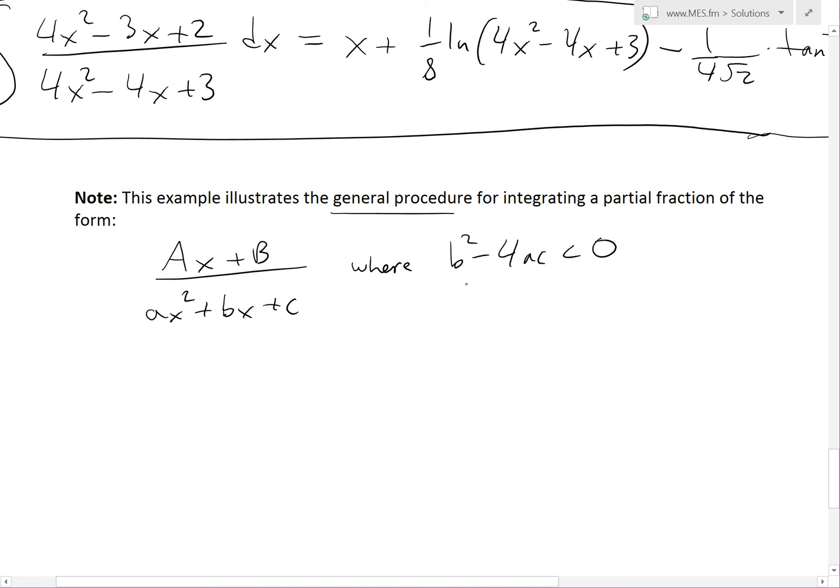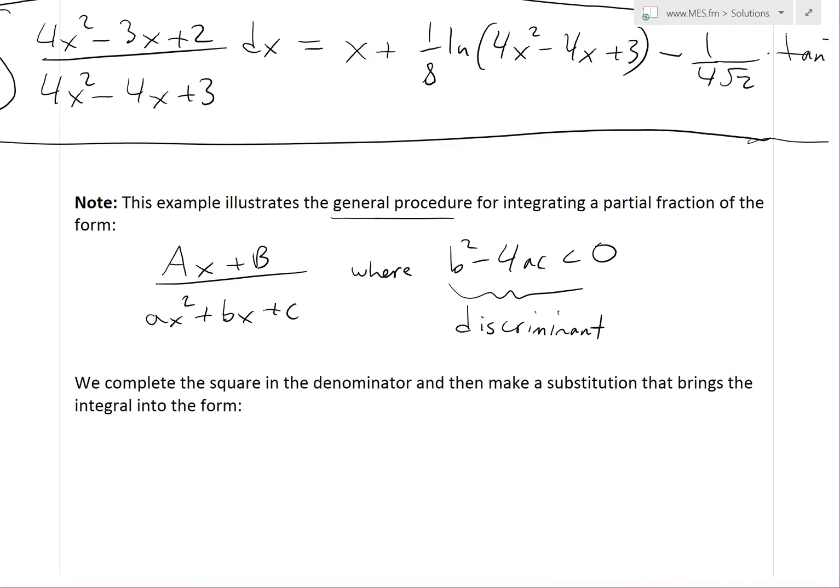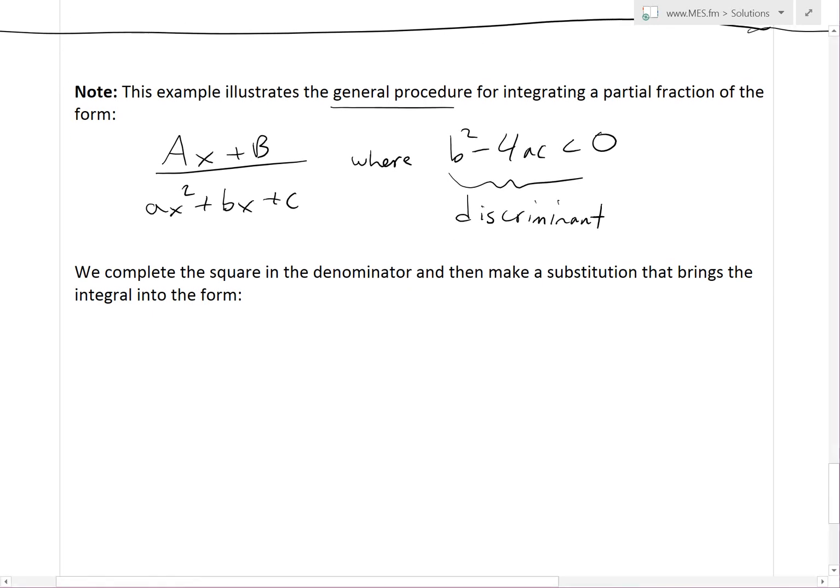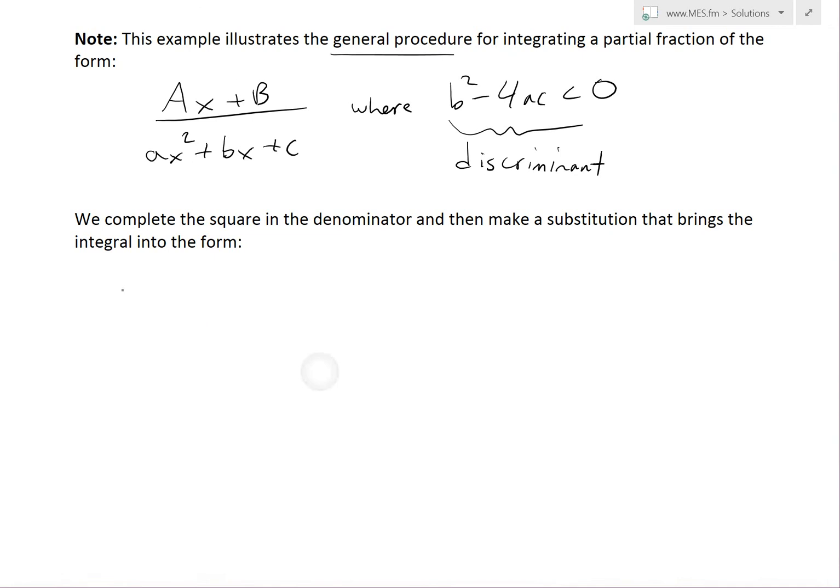So this is where the roots are not real numbers, like I showed above.